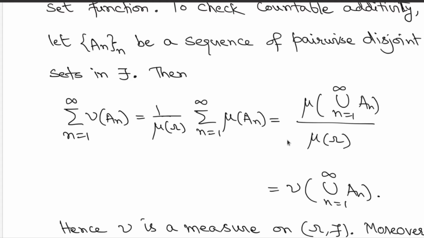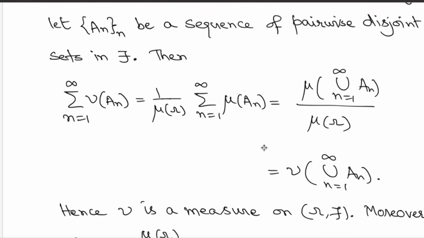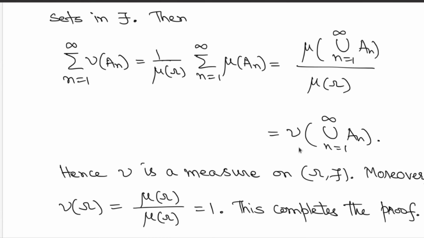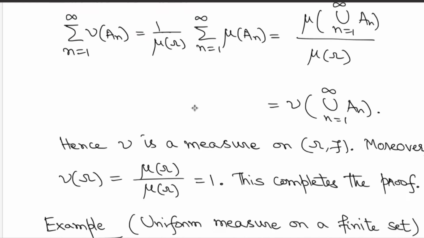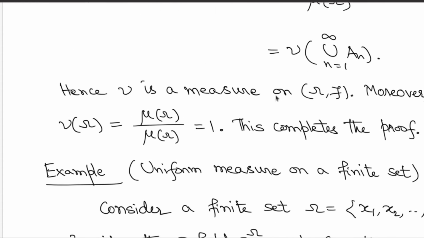Then I am dividing the whole quantity by the measure of the whole set, and I can immediately write it according to the definition in terms of the new measure: according to nu, this is simply nu of the countable union of A_n. So we have proved that nu is a countably additive non-negative set function, and as per the definition it becomes a measure. But as per our proposition, we wanted to claim that this is actually a probability measure.